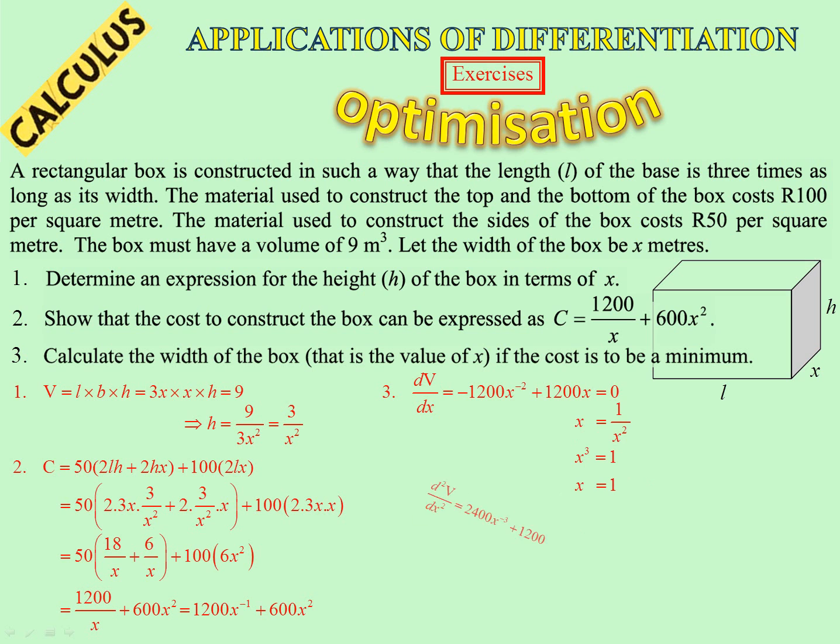And we need to confirm that it's going to be a minimum, so we differentiate the derivative. There we are, and we get the second derivative. For x equals 1, this is always going to be positive, and therefore a minimum. And therefore we have confirmed that the width of the box, x, must be 1.